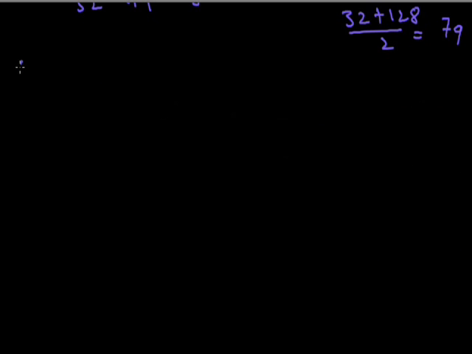Another example of a triad is Cl, Br and I. Cl has an atomic mass of 35.5, Br has an atomic mass of 80 and iodine has an atomic mass of 127.